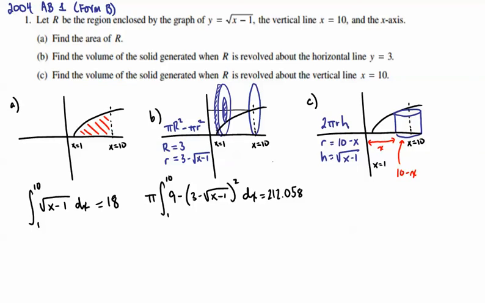And when we go to put together our integral, we'll have the integral from 1 to 10. We can bring out the 2 pi. The radius again is 10 minus x, and the height is square root of x minus 1.